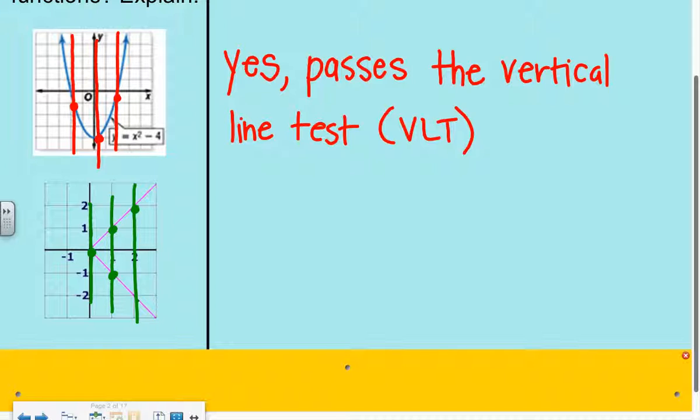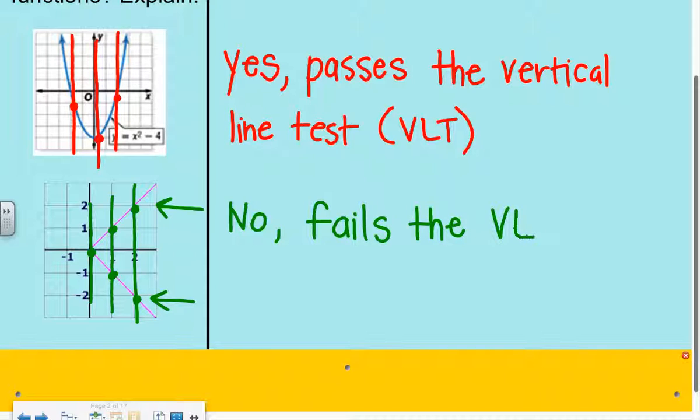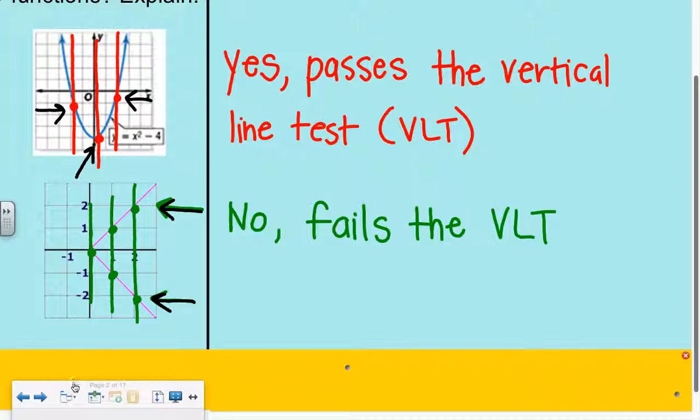Once here and once here. Since it is touching twice, this one is not a function, and I'm going to say it fails the vertical line test, or VLT. So if I go back up to my other graph, this red line touched the blue line just once, just once, just once. So that's why that one could be yes. But this one, since it was twice, it is no, not a function, fails the vertical line test.